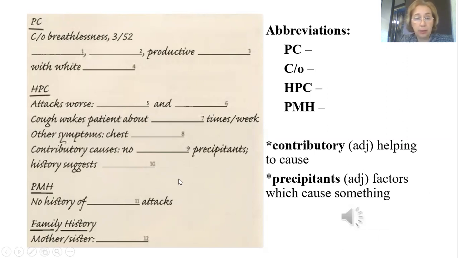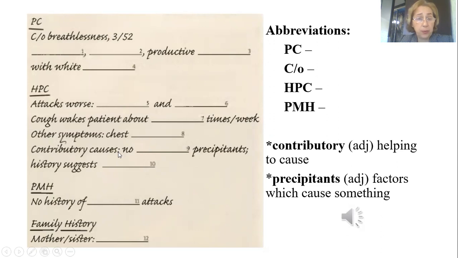And so history suggests. So what does the history suggest? I mean, if the patient has eczema, because his sister has it. Is eczema the problem with lungs? I'm not sure how to pronounce the history.